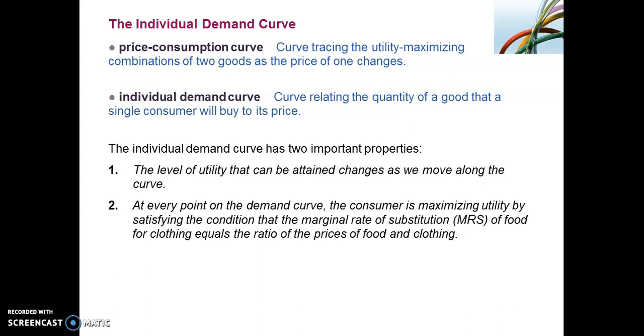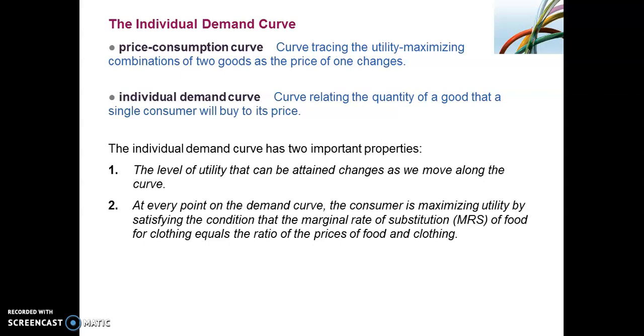So whenever the price of food changes, the price ratio, that is the price of food to clothing, remember price of good X over the price of good Y, that changed, and the marginal rate of substitution, of course. So as the relative value or price of food falls to clothing, the consumer will buy more of it. So the marginal rate of substitution of food for clothing decreases as we move down the individual demand curve, and that is the second property.